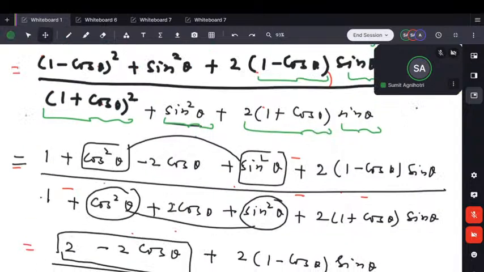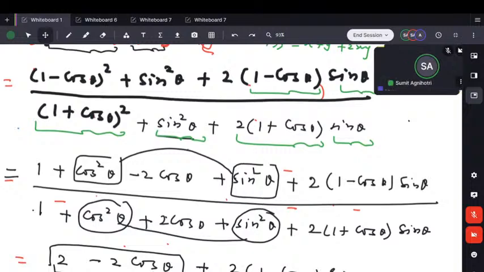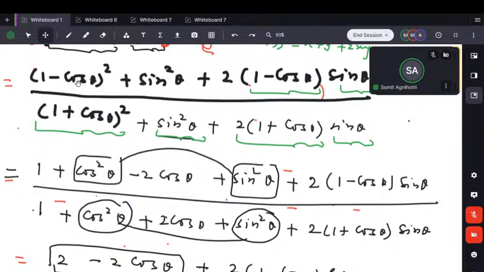That is the approach we follow, and as much practice as you do, you will be able to get the exact approach. X square plus y square minus 2xy, then sine square is there, this is there.